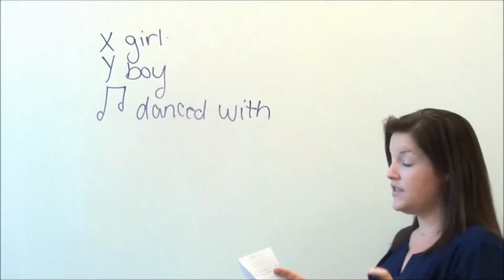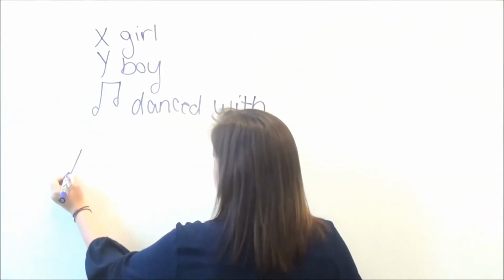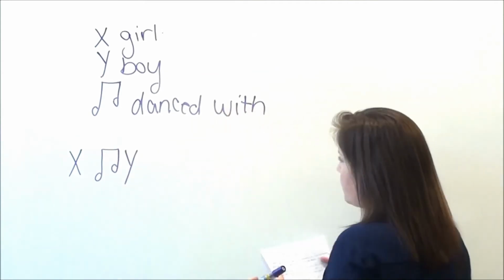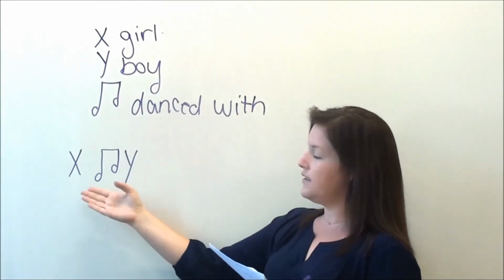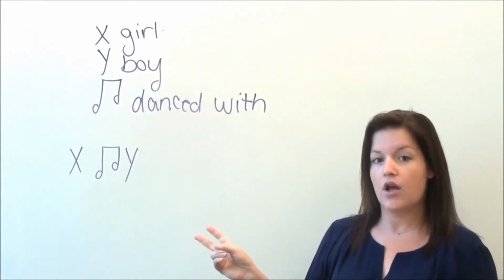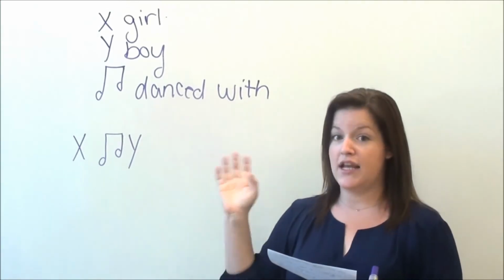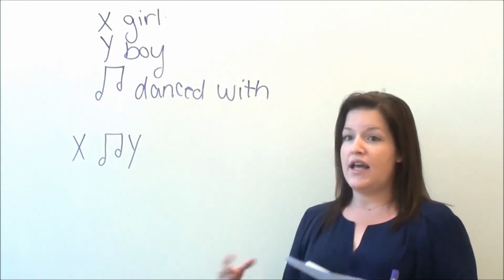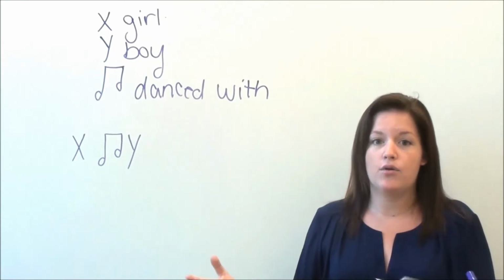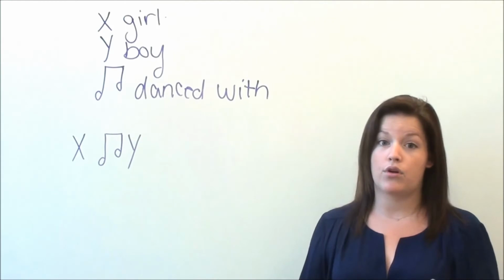So I'm going to give you three different statements and show you how different their meanings are. First, we start off with X danced with Y. In this statement, we have two free variables and no quantifiers. This simply means that girl X danced with boy Y. It could be Sarah danced with Joe or Harry danced with Clara. It doesn't matter who it is because we haven't yet defined our variables. They're both free to be changed into any boy or girl that was in the club that night.